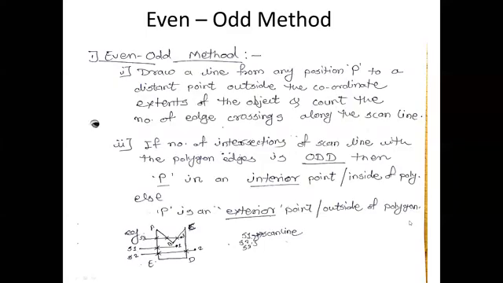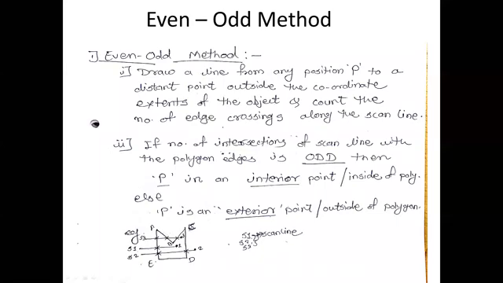We will start with the even odd method. As the name suggests, we have to count the number of intersections, and if it is even, then the point may be inside or outside, so we will see that here.